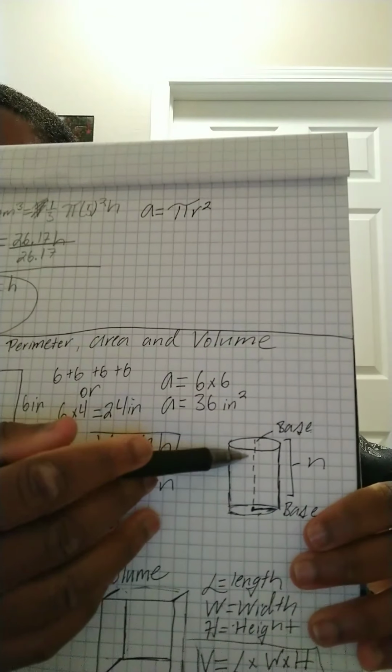Sometimes you'll see the entire diameter of the circle, and you just have to divide that by 2 in order to find out the radius.